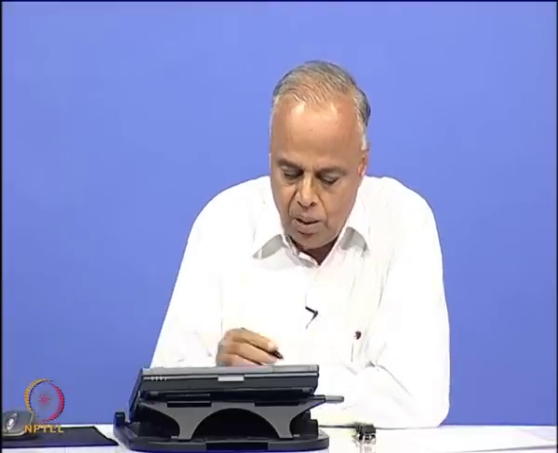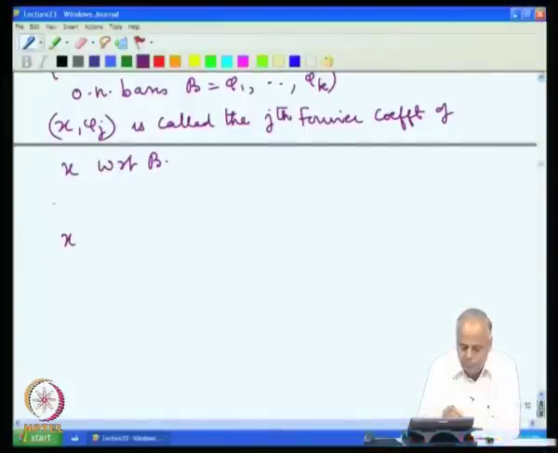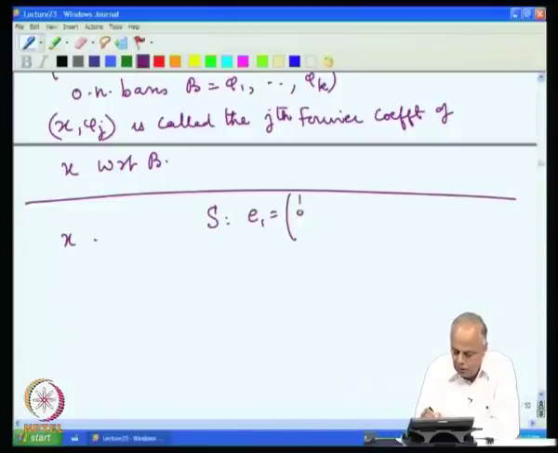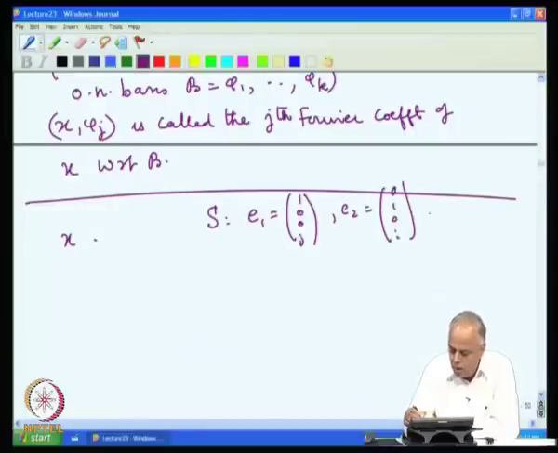Something interesting happens. Suppose we had x and we had the standard basis, we will call this the standard basis: E 1 as 1 0 0 0, E 2 as 0 1 0 0 and so on, and finally E k as 0 0 0 1.